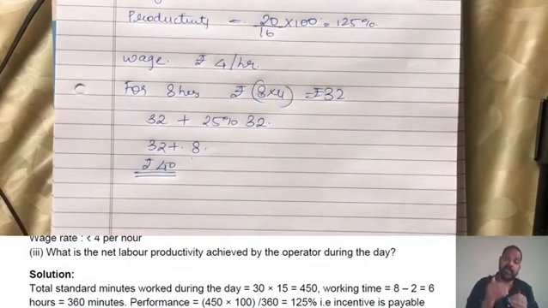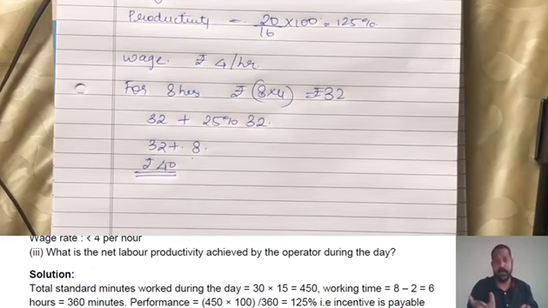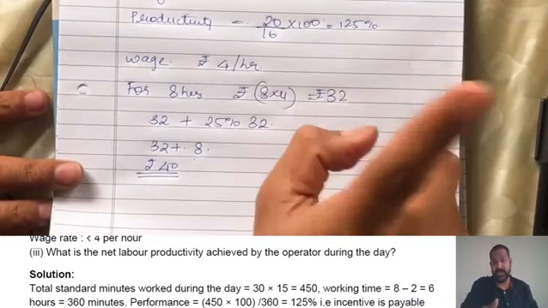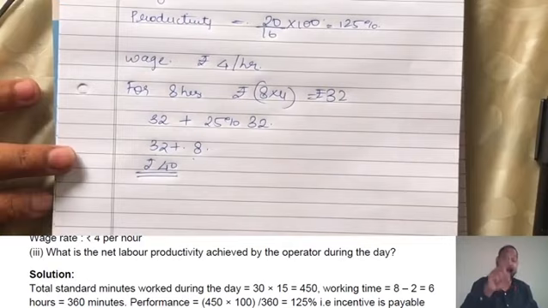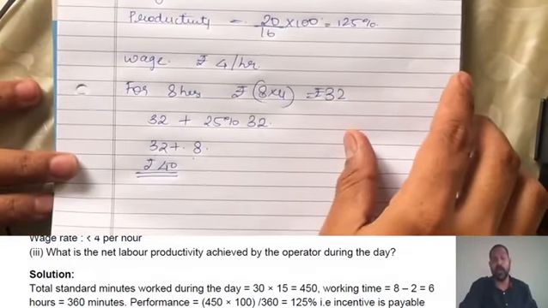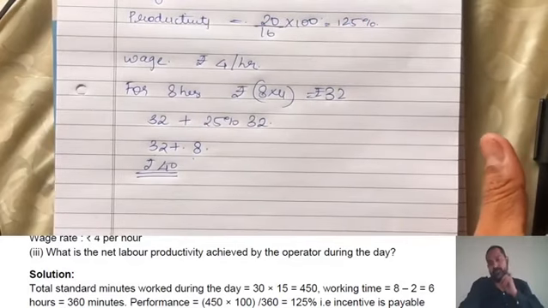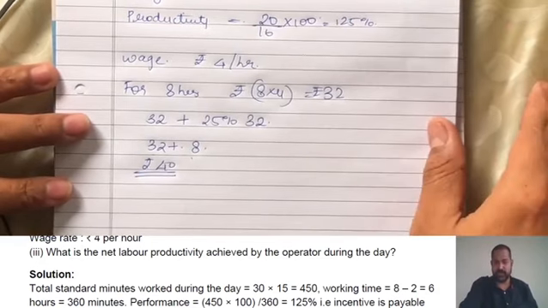If you want an hourly productivity, then tell me you want an hourly productivity. If you just say labor productivity, well, it is 125%. But if you are saying labor productivity achieved by the operator during that day or hourly labor productivity, then I understand that you want the hourly output for the given input. So that question we'll answer later.